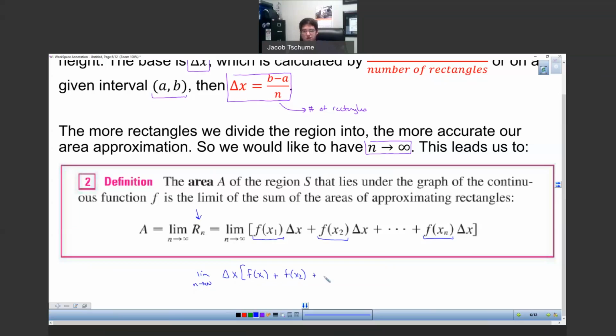That's what I was doing with the 3 and 6 rectangles. Not everybody likes to do that, but I figure it's a little easier to work out, because if we can isolate this delta x term, it'll make things a little easier going forward. The same thing can be defined for left endpoints and midpoints, but it's all the same formula.